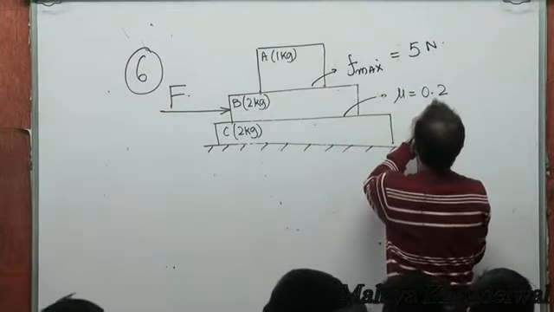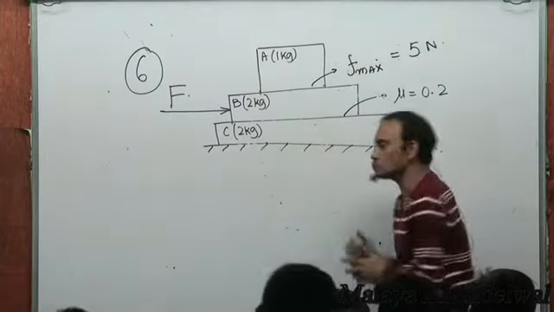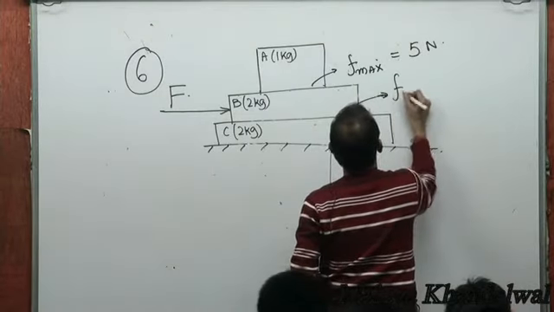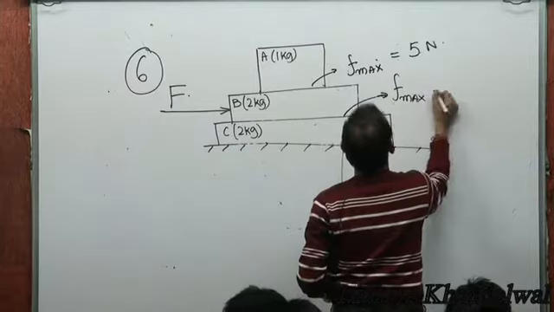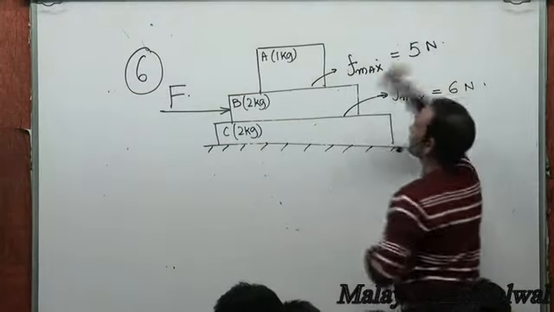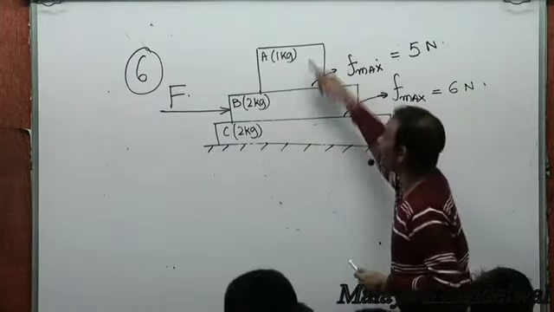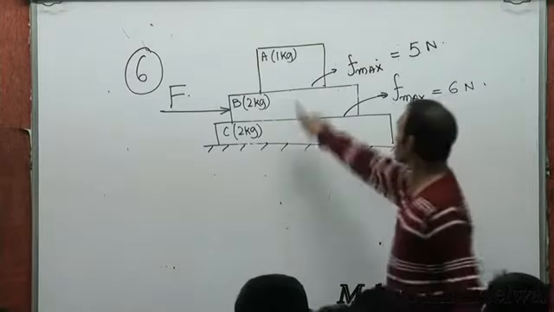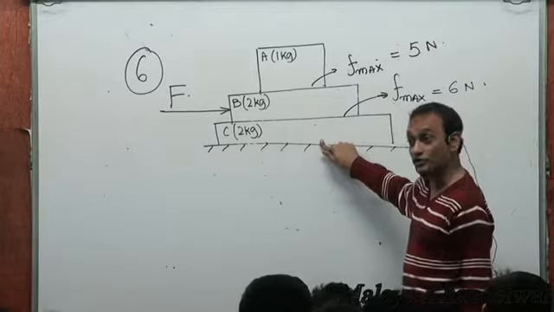And therefore F max would be 30 into 0.2, which is 6 newtons. Blocks A and C are driven by friction alone.